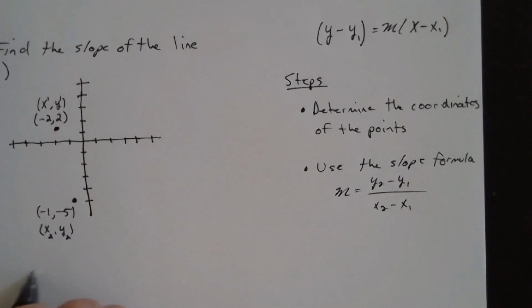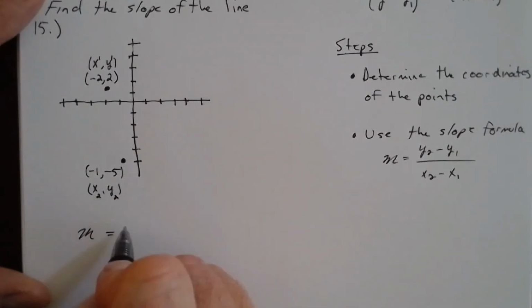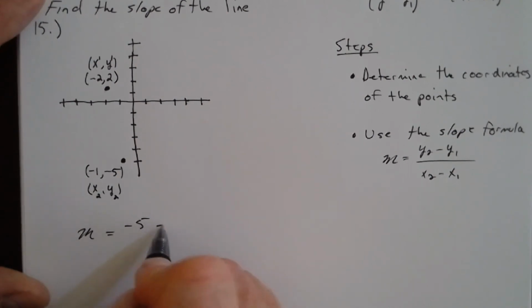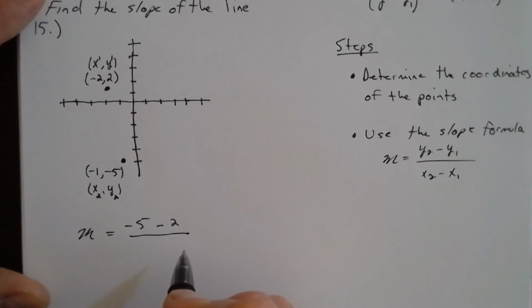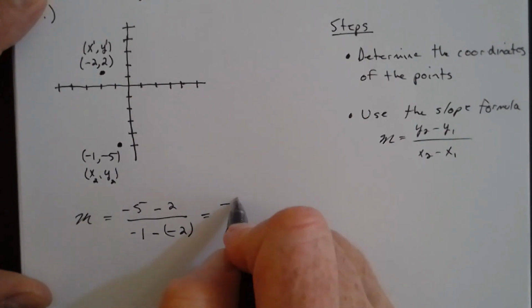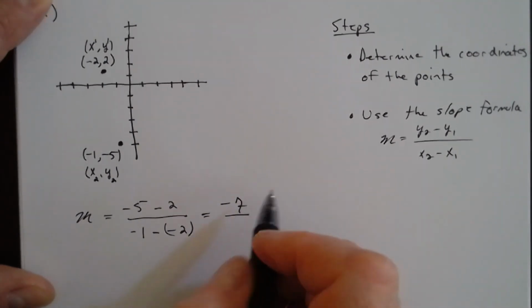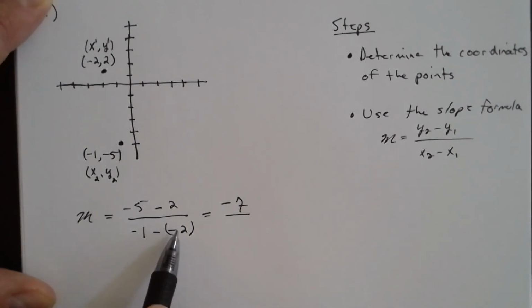So using the slope formula, we have m is equal to minus 5 minus 2 over minus 1 minus negative 2. And in this case we have negative 7 over negative 1 plus 2, because a negative and a negative is a positive.